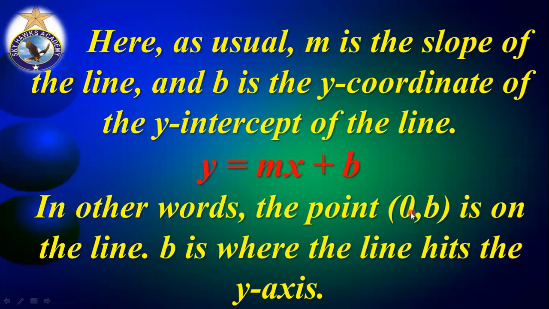At this point where x is 0 and b is the height, the line will intercept the y-axis. So b is called the y-intercept. This may be C, this may be A, because this is the point where the x-axis or y-axis is intercepted by the line running through that point. So that will be either the y-intercept or the x-intercept. Anyhow, that's why this is called the y-intercept.